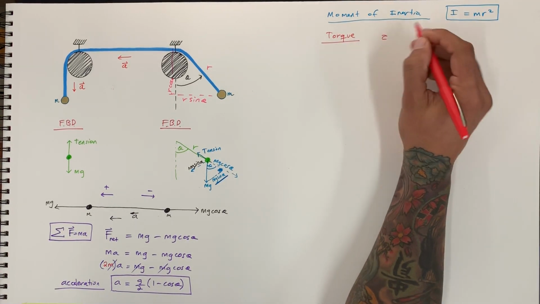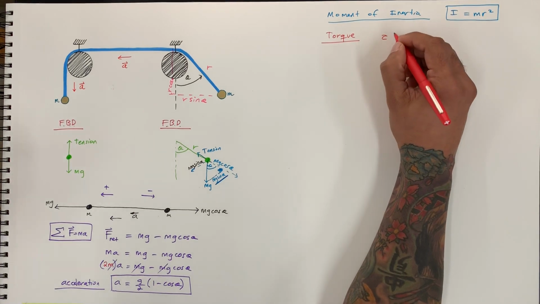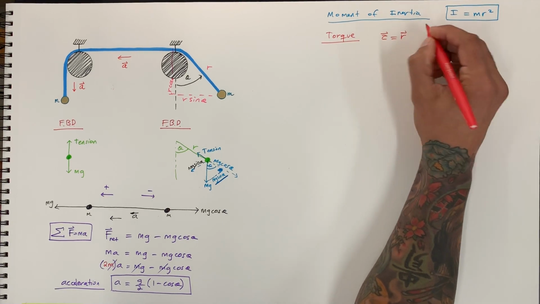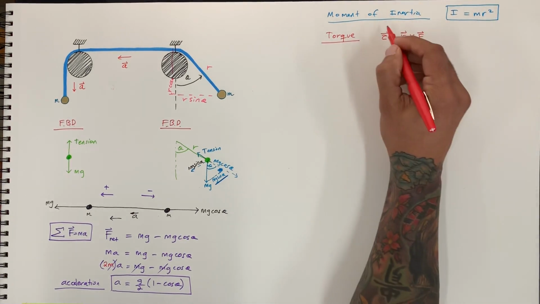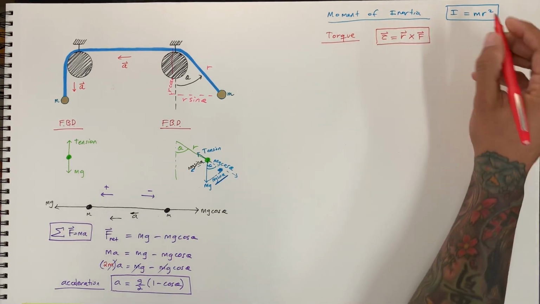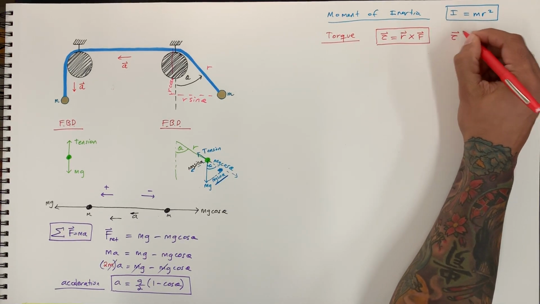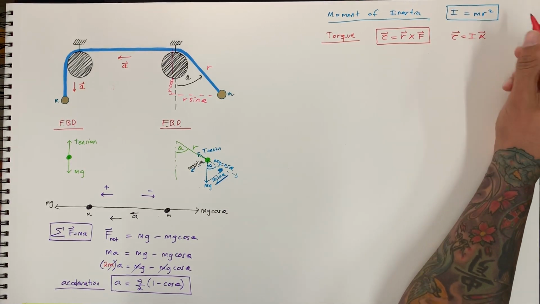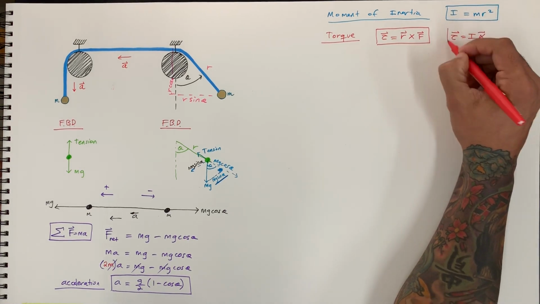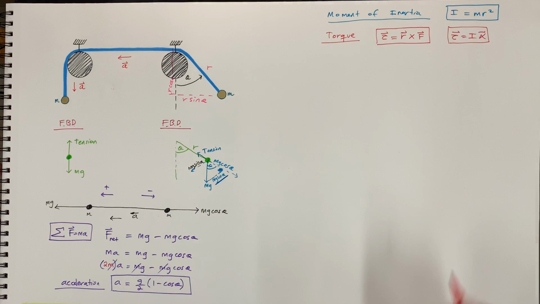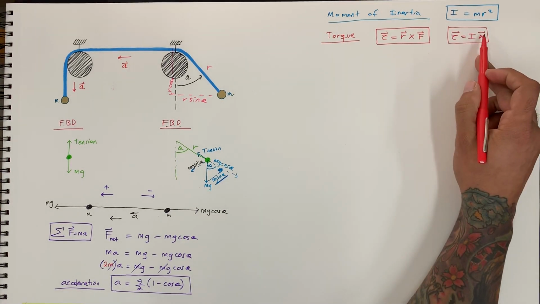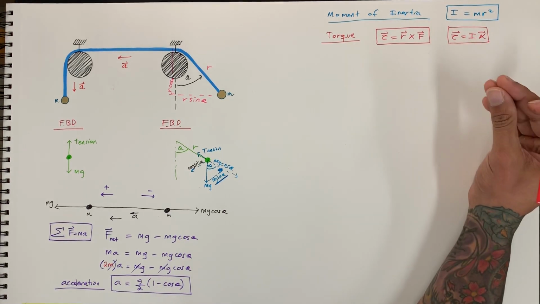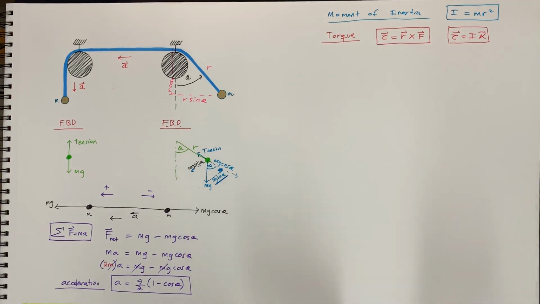Okay, we're going to use tau, right, which is a vector, equal to r vector crossed with f. So that's 1. And the other one is tau equal to moment of inertia times angular acceleration. Okay? All right, so these two formulas here, we're going to need to fill in and then make them equal to each other. Okay, so let's look at the first one.